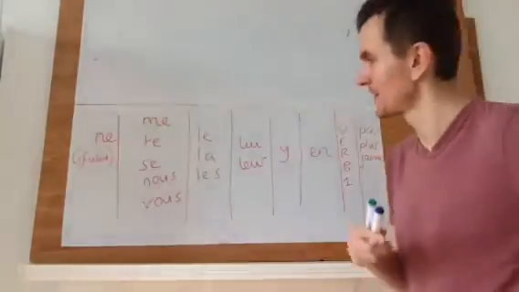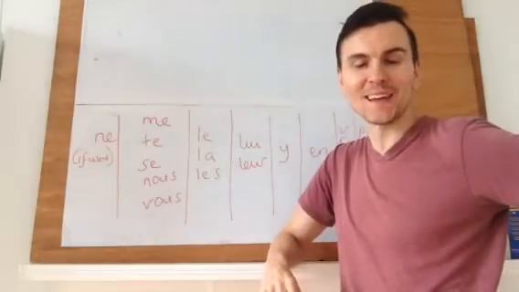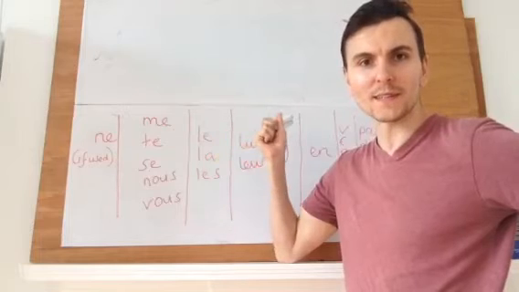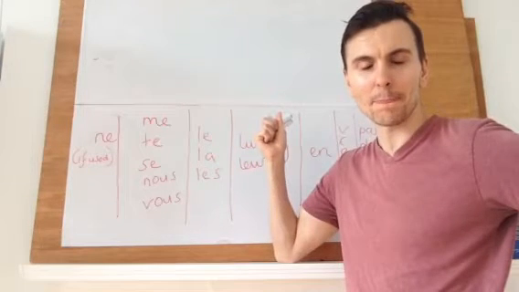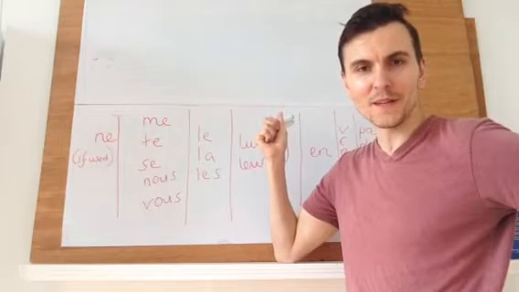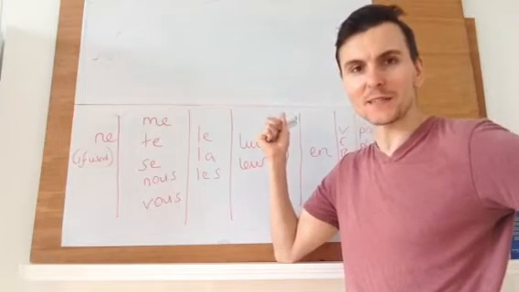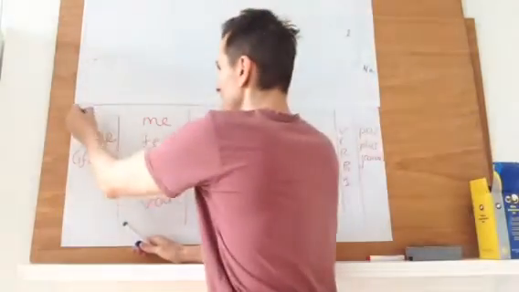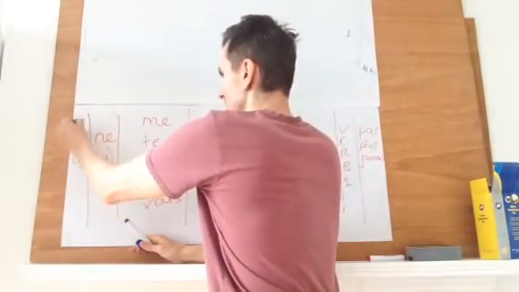Okay? So, ta-da! We've got a big table of what happens in a sentence. Now, we don't put all of these things in at the same time, okay? This is just the order that they would come in if you needed any of these ingredients. So, I should add that the person is going to start here.